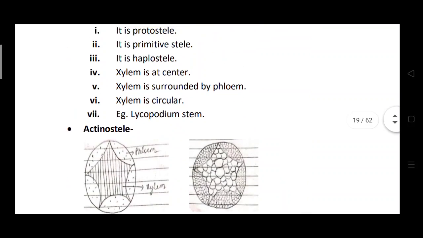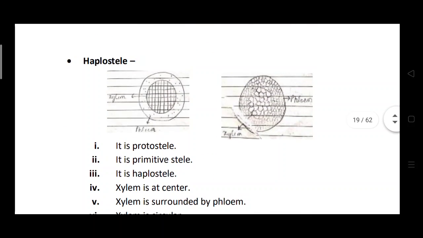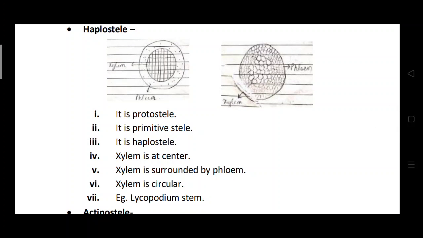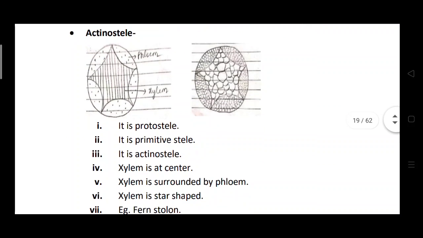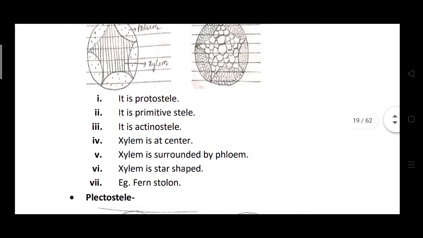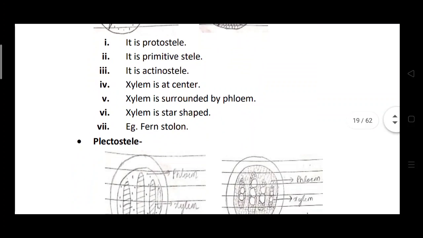What did we see first? Haplostele. In the haplostele, the xylem is present at the center, surrounded by the phloem, and the xylem is in circular shape. In actinostele, the characters are the same, but the difference is that the xylem is star shaped.